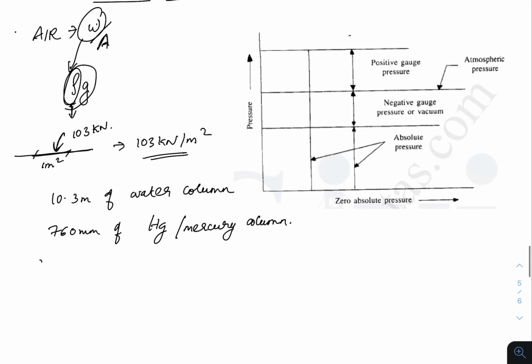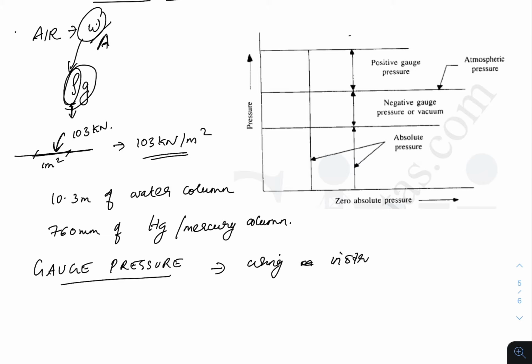Now, what is gauge pressure? Gauge pressure means it is a pressure which is measured using instruments. For this pressure, we take atmospheric pressure as the datum. Datum means it's a zero point.